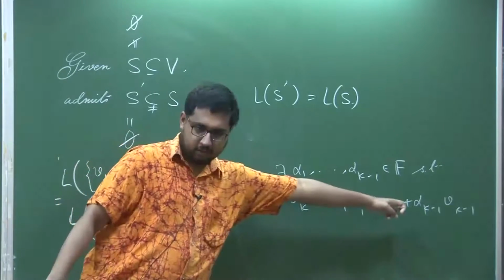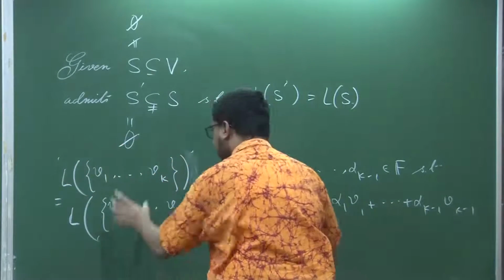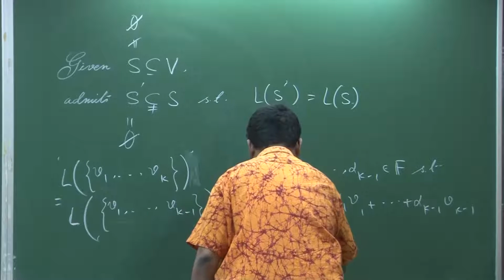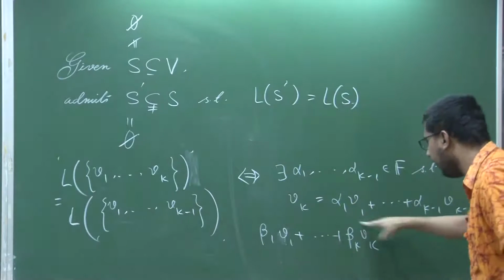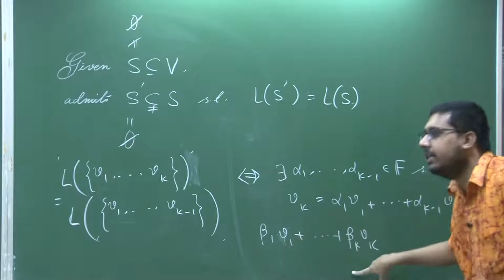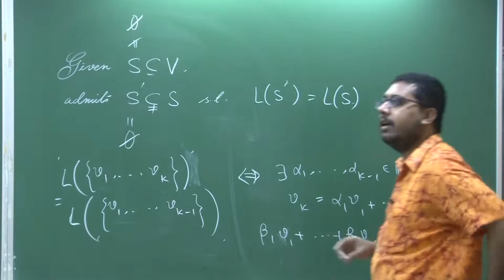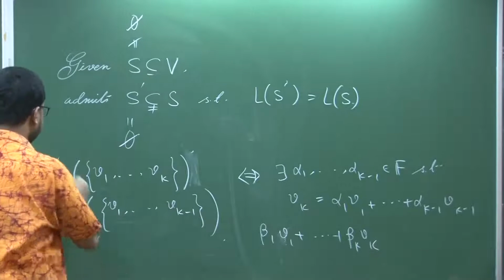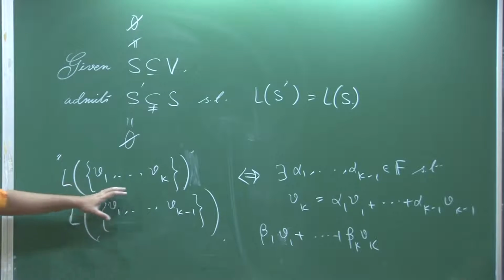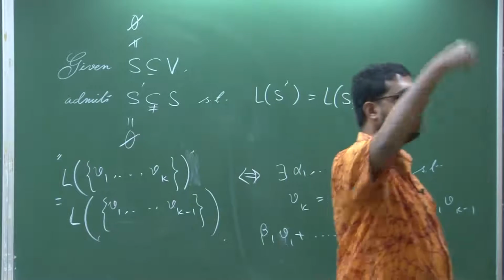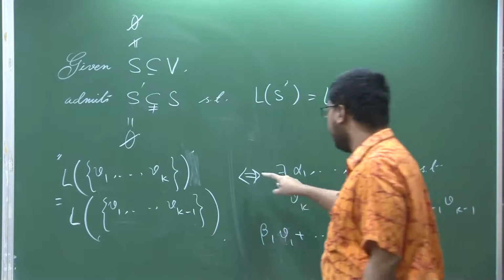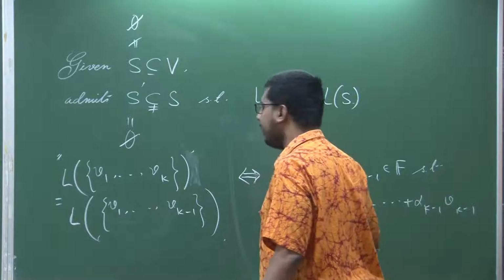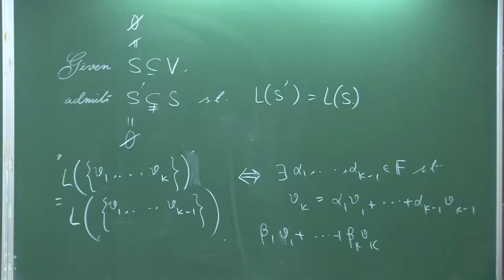If Vk is a combination of them, then in any further linear combination of V1, V2, ..., Vk you can replace Vk by this, and then you can reduce it to a linear combination of V1, V2, ..., V(k-1). So, if deleting one element from the set gives you the same span, then that element must be a linear combination of the others, and vice versa. Okay.